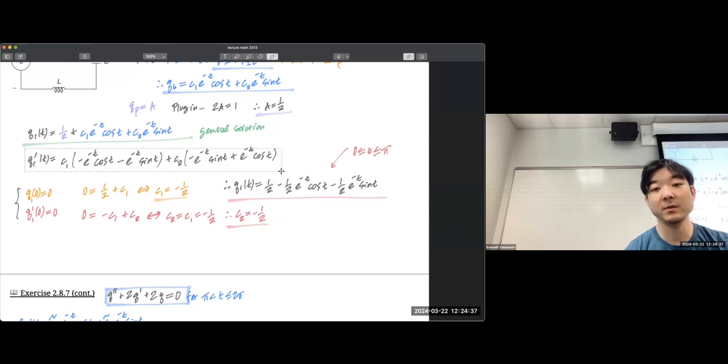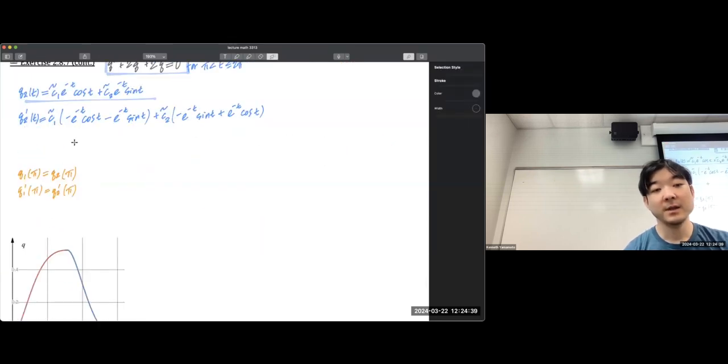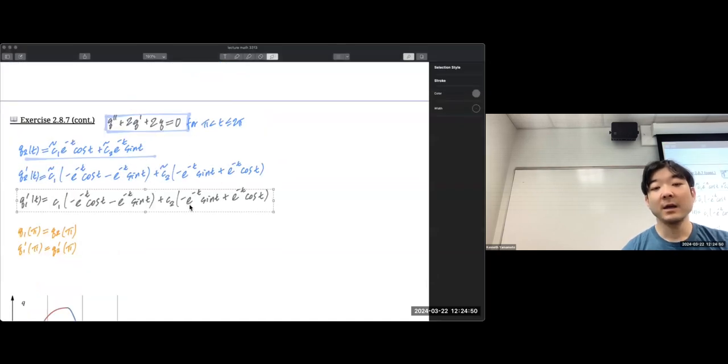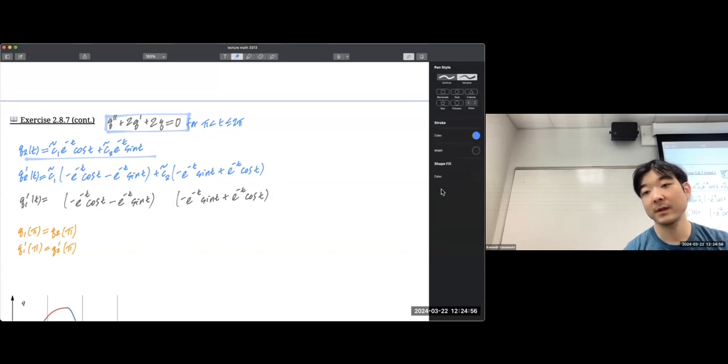This right here is Q1 prime of t. Back then we had already found that C1 and C2 are negative half, so I'll write that in.